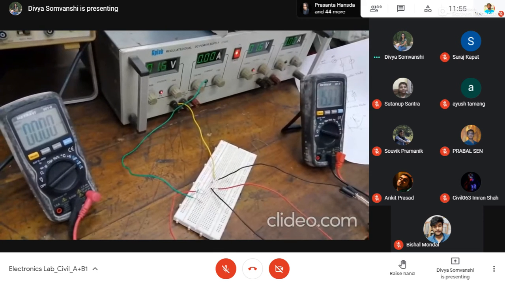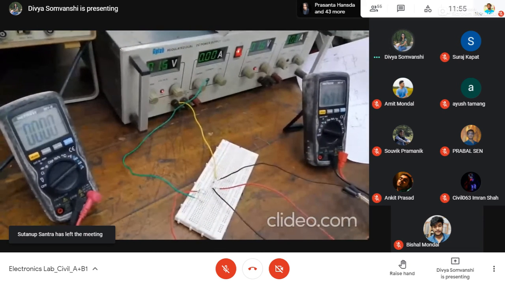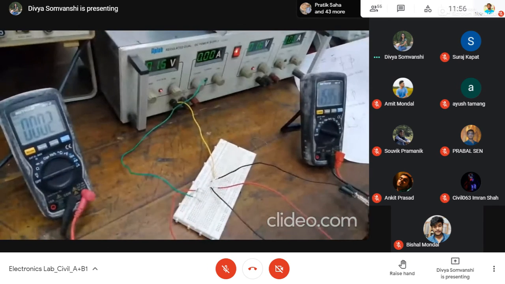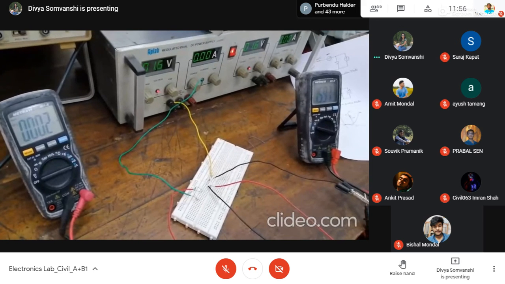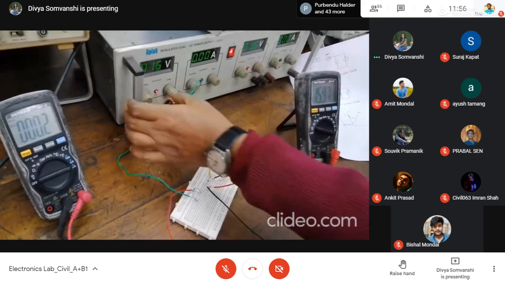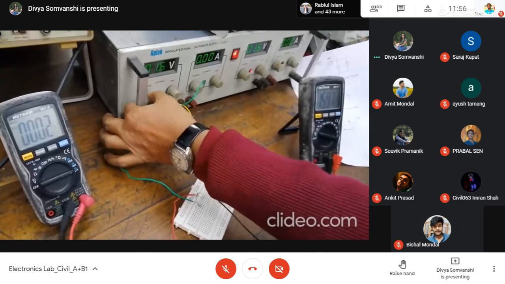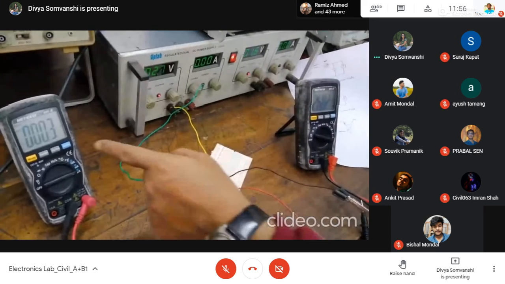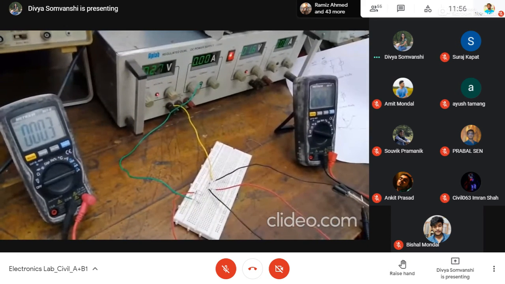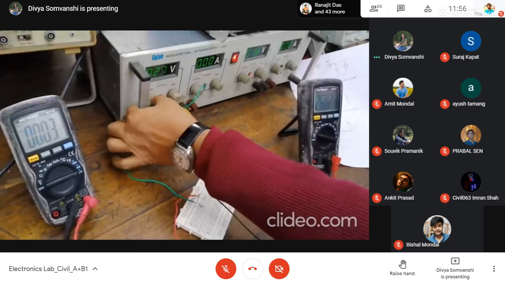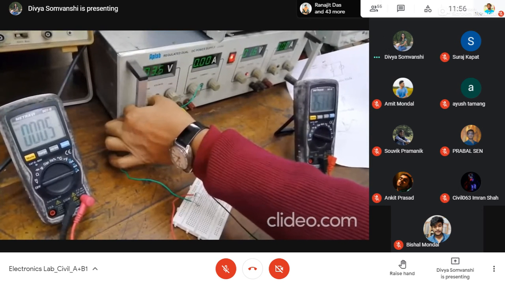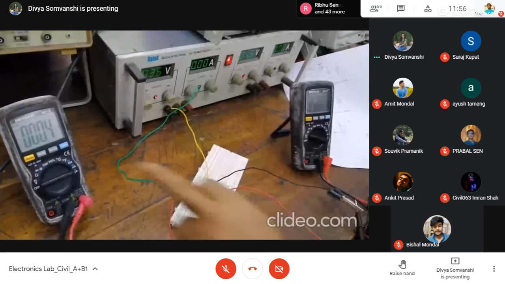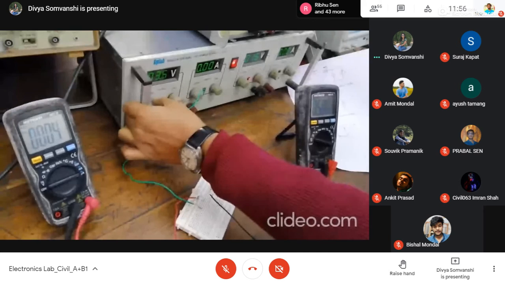At 1.6 volt, you see there is a very small amount of current, in the order of microampere, 0.2 microampere. Now, whenever we increase to 2.6 volt, current flows 0.3 microampere. Whenever you increase to 3.5 volt, current appears more or less 0.5 microampere.